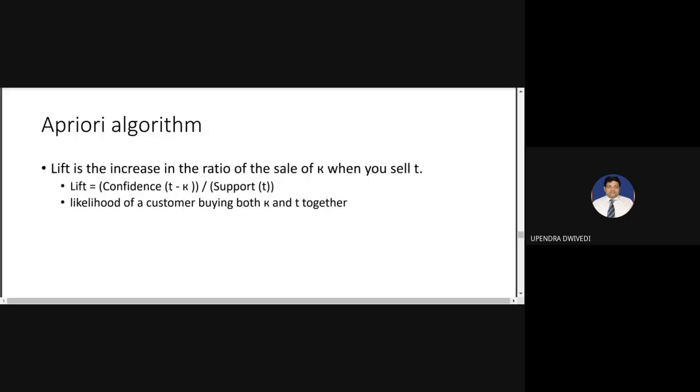We can calculate that using the lift. Lift is calculated as the confidence of T with respect to K divided by the support of T. What you get is the lift, which represents the likelihood of a customer buying both K and T together.